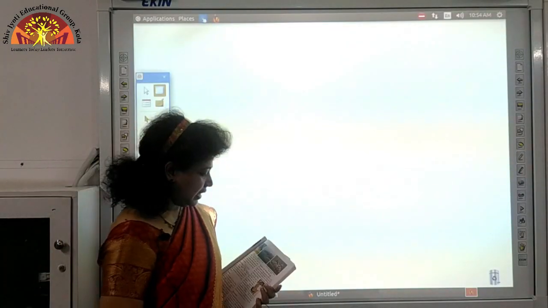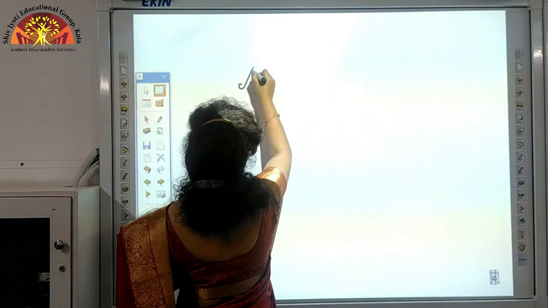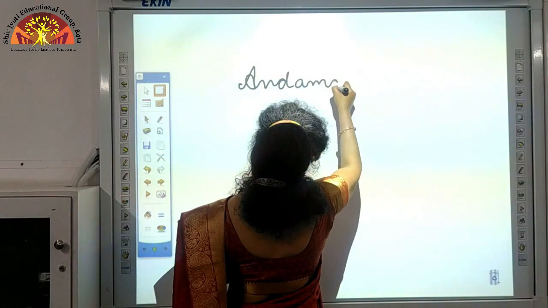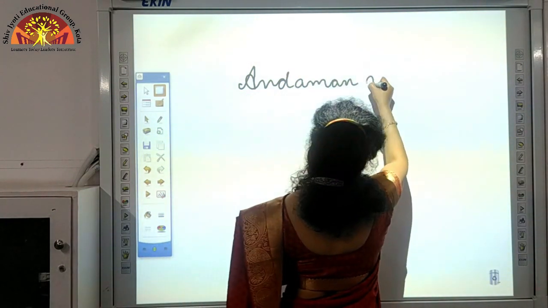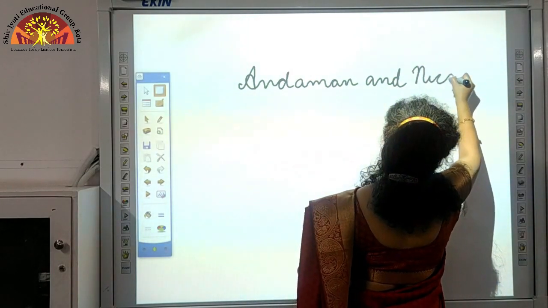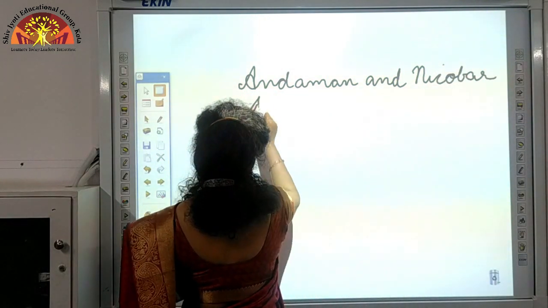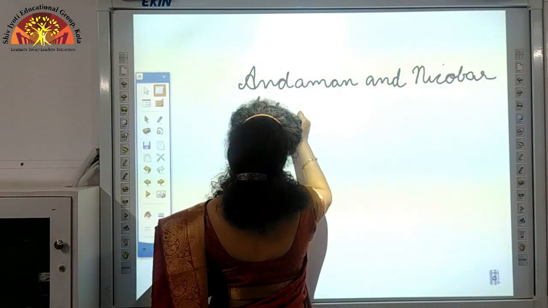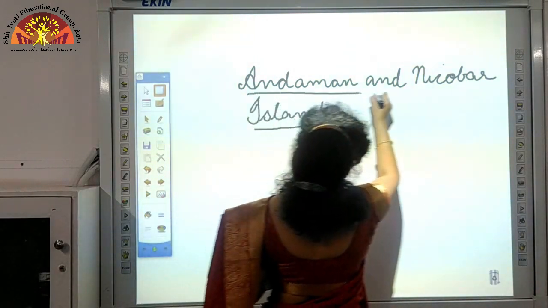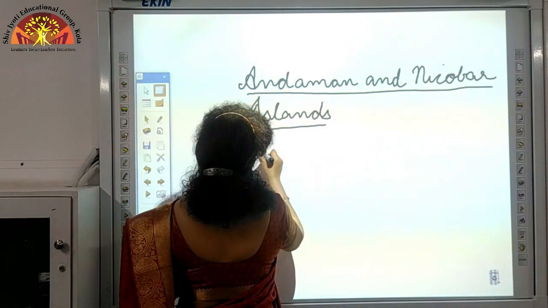Now, our next state is Andaman and Nicobar Islands. Andaman and Nicobar Islands is also a union territory.